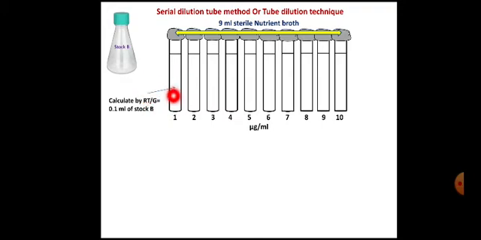So the remaining amount of liquid will be added in the form of sterile phosphate buffer. How much? 0.9 ml. So the composition of this tube is: 9 ml of sterile nutrient broth, 0.1 ml of stock B and 0.9 ml of sterile phosphate buffer.